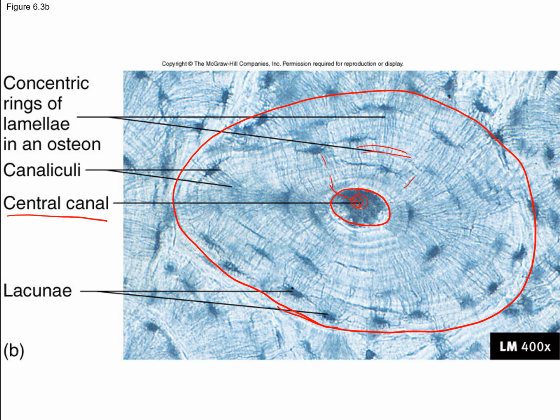Now, you have probably heard of the name for a bone cell is called an osteocyte. Osteo, bone, cyte, cell. These osteocytes are found in these little pockets. You see these little things, they almost look like the shape of an eyeball. Those are called lacunae.